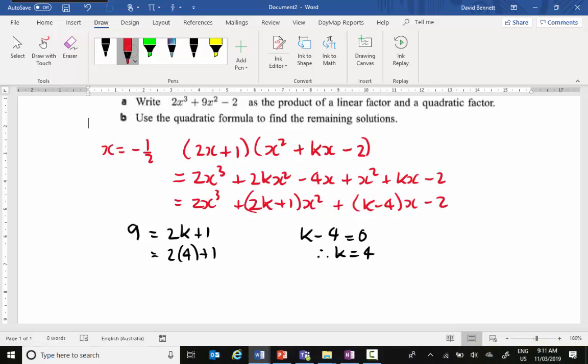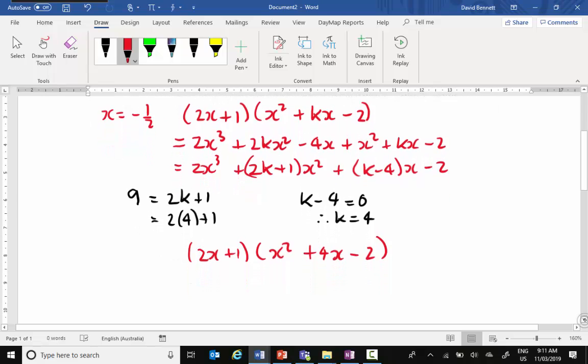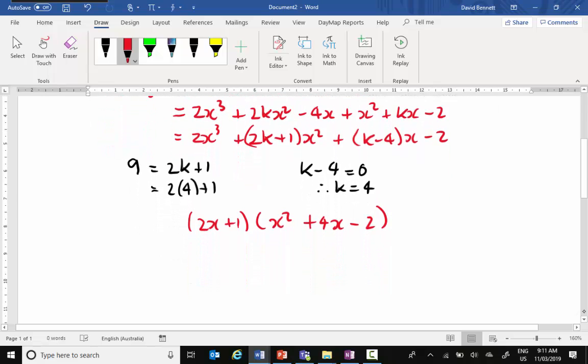So if I go back to writing my equation, I've got this thing over here which is going to be 2x plus 1, and it says x squared plus 4x take 2. Now I know it's not going to easily factorise because they're telling me I have to use my quadratic formula. So the first thing I'm going to do is use my discriminant.